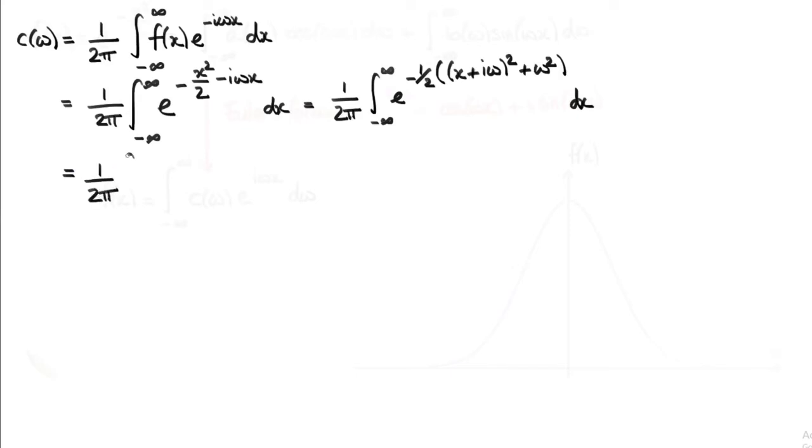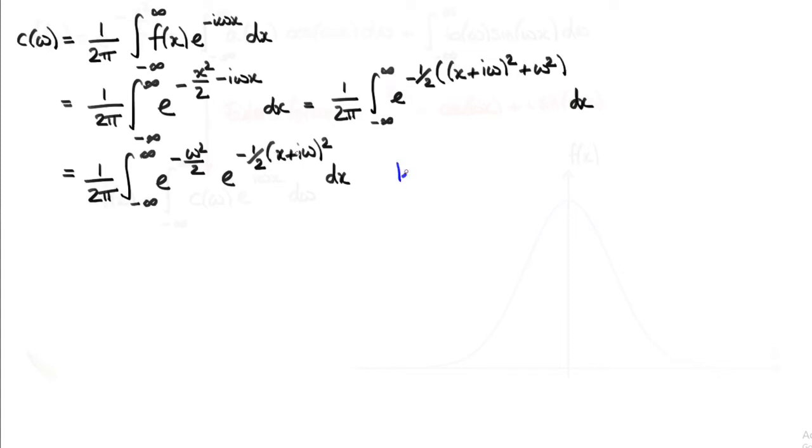From here, we can again split the exponential into e to the minus omega squared over 2 and e to the minus 1 over 2 times x plus i omega squared. And since the first exponential does not depend on x in any way, in the next step of the calculation we can simply take it outside of the integral. But we're still left with this tricky exponential involving x squared, and that can be taken care of by a substitution.